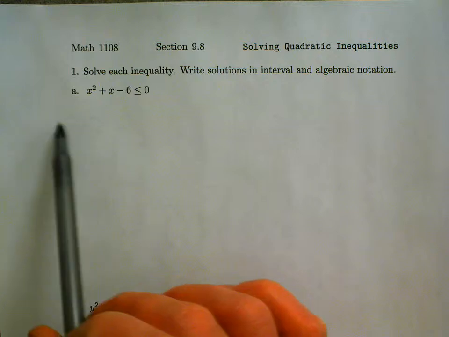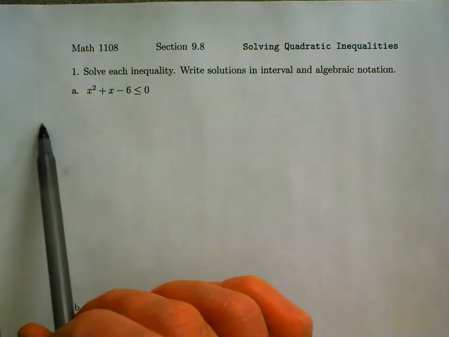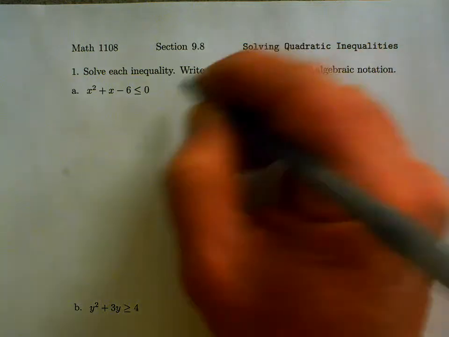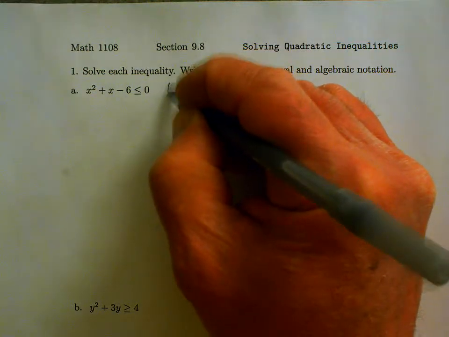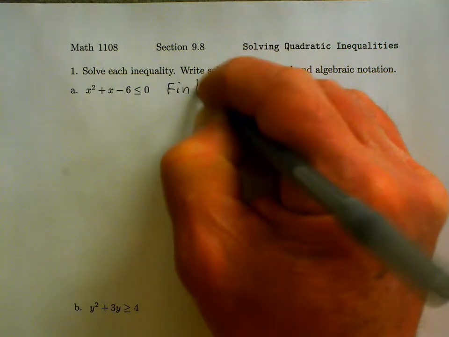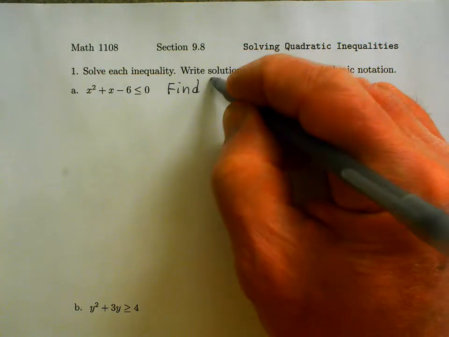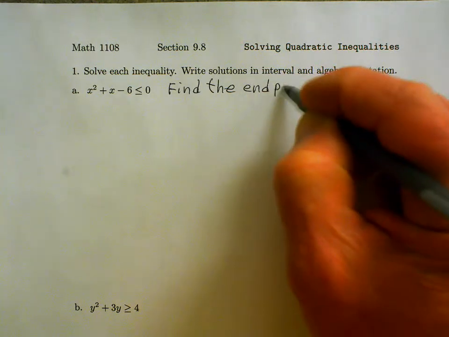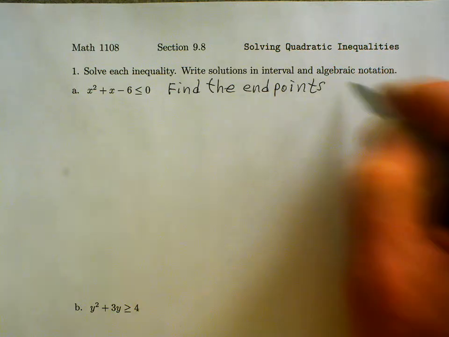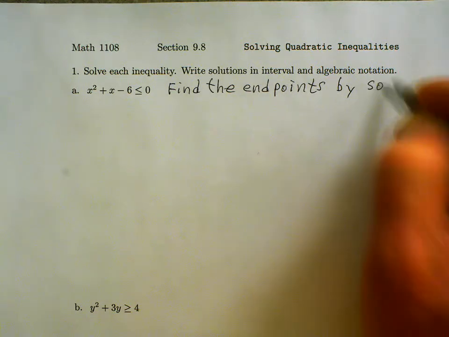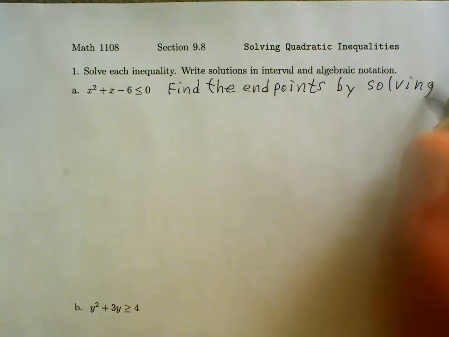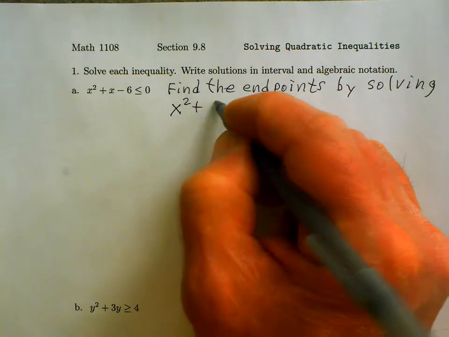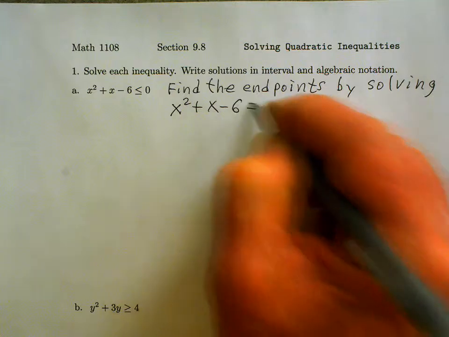And we're going to see if we can divide the number line into separate intervals with endpoints. So to find the endpoints, we solve an equation. Find the endpoints by solving the equation you get by replacing the inequality with equals.